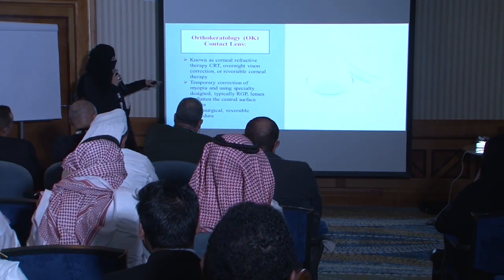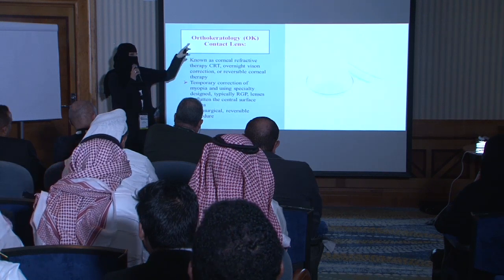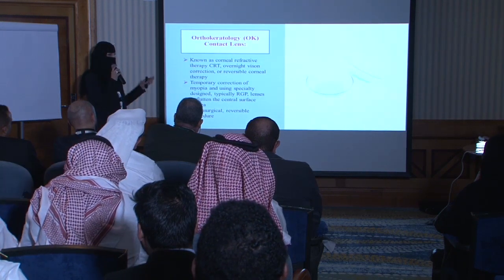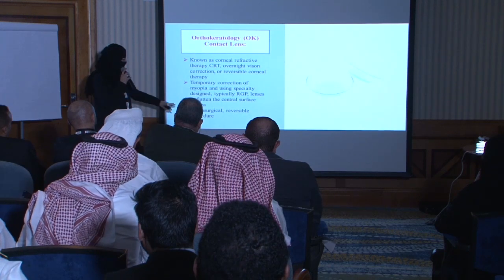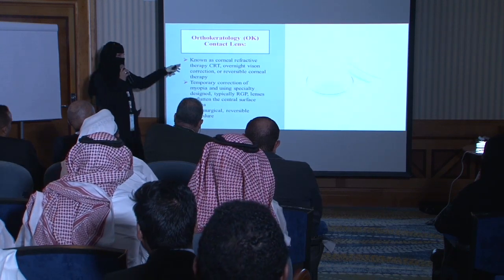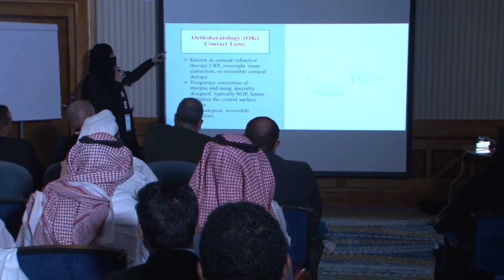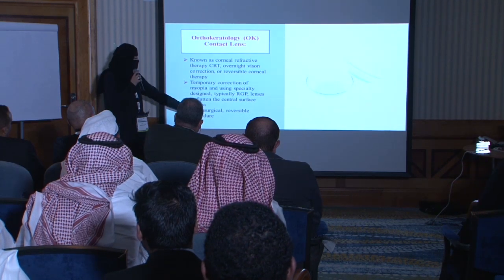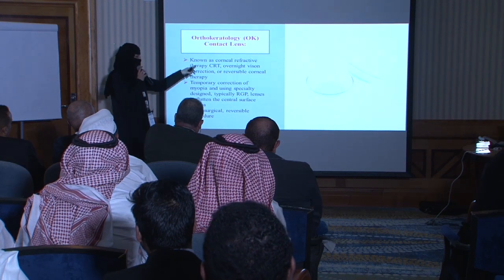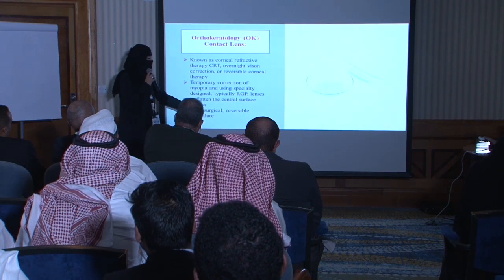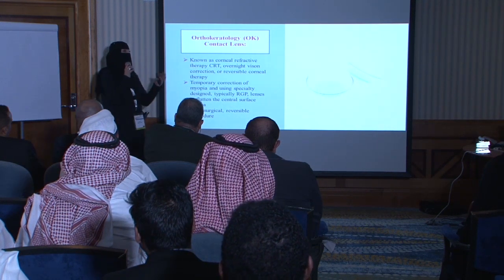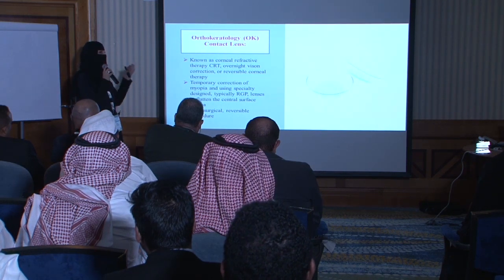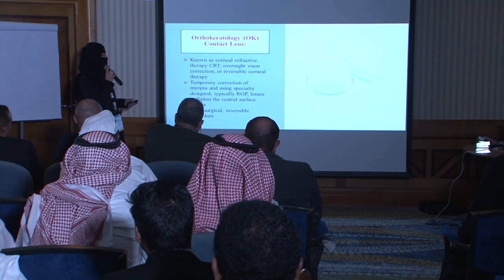You can see here it's reversed from the normal, and we all know the cornea is steeper in the center and flatter in the periphery. With this treatment, we do this therapy without any surgery, because when you stop wearing the contact lens, the cornea can come back. So keep this in mind.